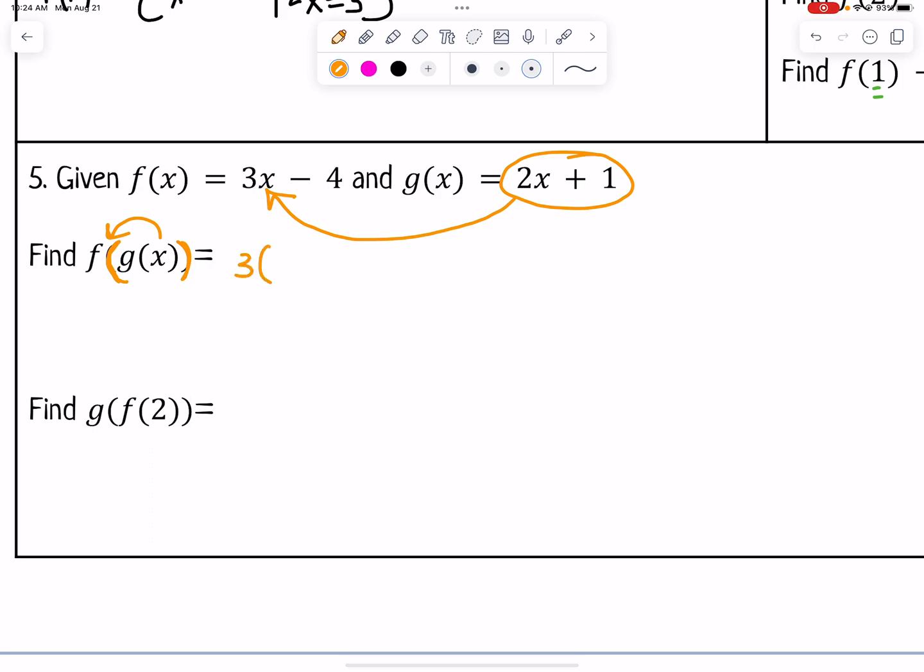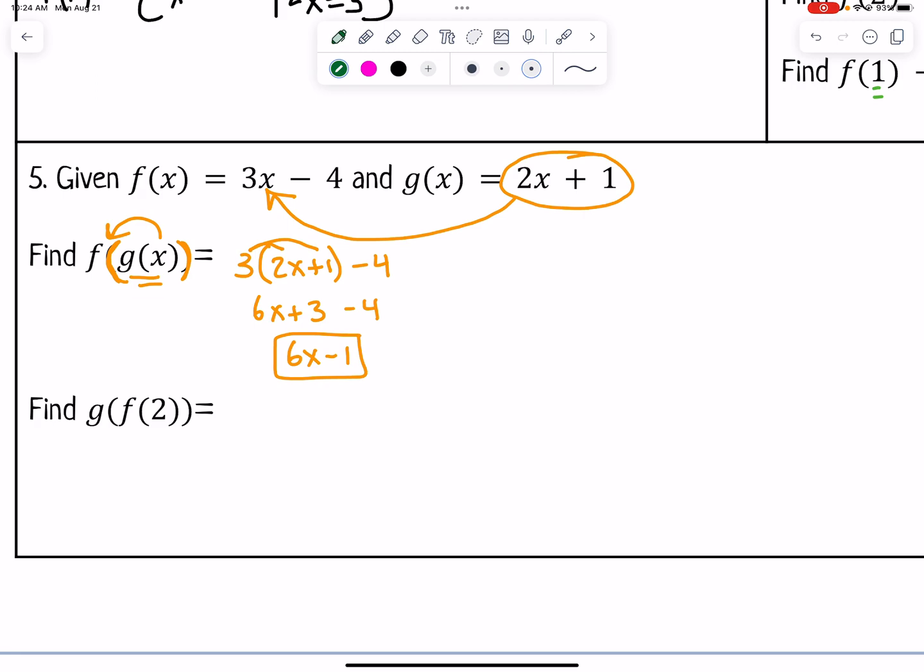So I'm going to put 3, and then in place of x, I'm going to put 2x plus 1, because that's my g of x that I'm plugging in, minus 4. And from there, you just have to distribute and clean it up. So 3 times 2x plus 1 gives me 6x plus 3. And then the minus 4 is still there. So then I get 6x minus 1 overall.